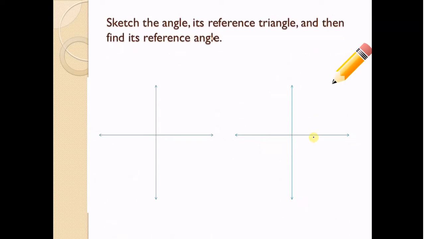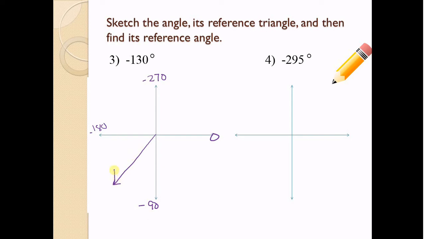All right. Negative 130 and negative 295. Let's try these. So remember, you're always going to go clockwise when it is a negative value. Negative 130, that's between 90 and 180. Let's just kind of go about right there, alright?